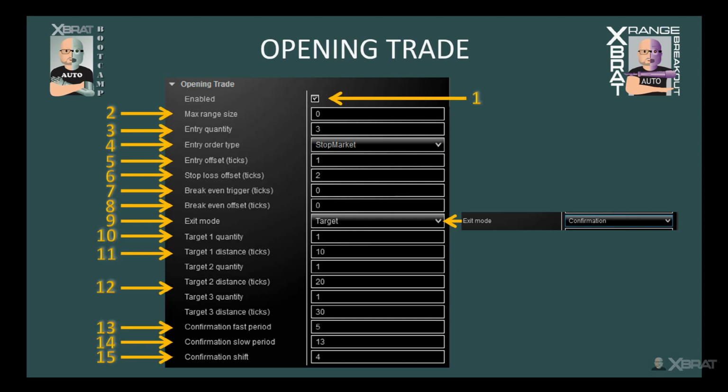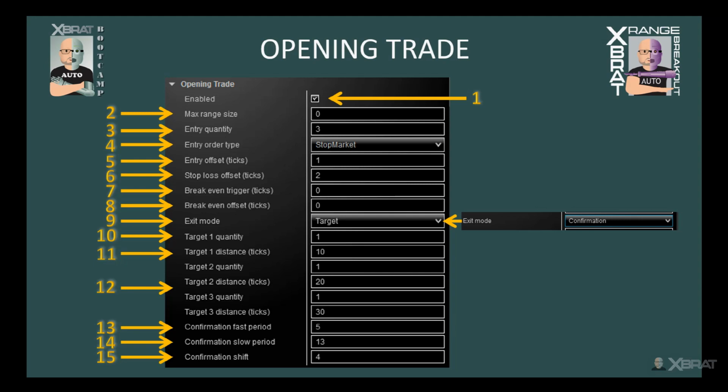Number 9, the exit mode. Default is target. This is a set target strategy that you decide on in the options below. The confirmation option uses the manager ribbon, which is 2 EMAs to manage the trade if it is in the direction of the trade. If not, the trade will automatically turn to the target option on its own.